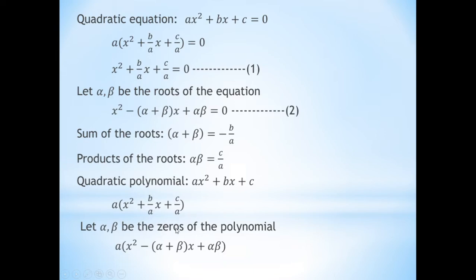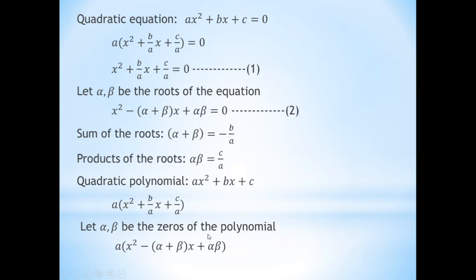You must know the difference between the roots of the equation and the zeros of the polynomial. Roots of the equation means the alpha value and the beta value will make this equation satisfied. When you substitute alpha in the place of x, this equation will be satisfied. When you substitute beta, this equation will be satisfied.